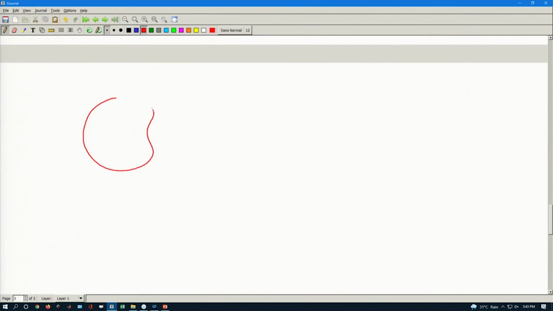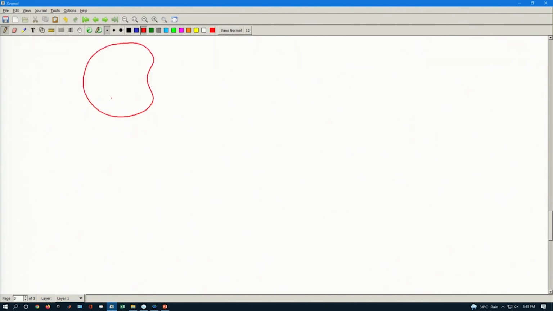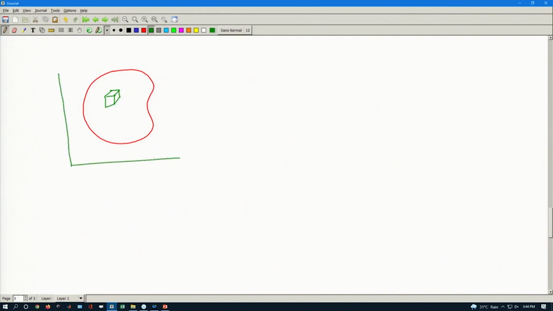Suppose we have a distribution of dipoles here and a small element, and a coordinate system, and suppose this is my r and this is the location from here to here. This is r prime and this point is r.